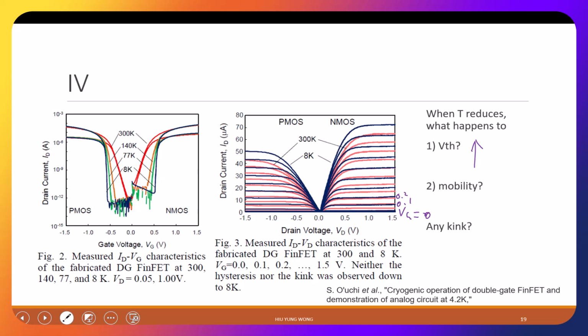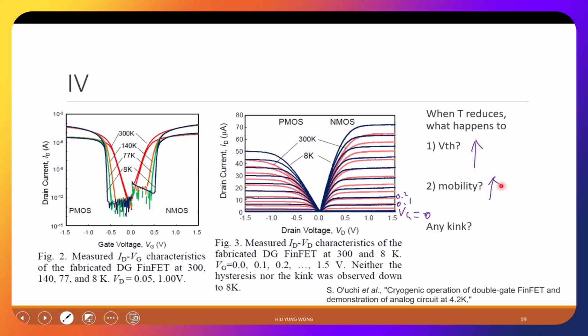What happened to the mobility based on this graph where I have a lower temperature? Yeah, you get higher. But I did not plot mobility. How do you know that it goes up? Here we look at the current. Yeah, the current goes up. And you can start arguing, is it because the threshold voltage is lower?